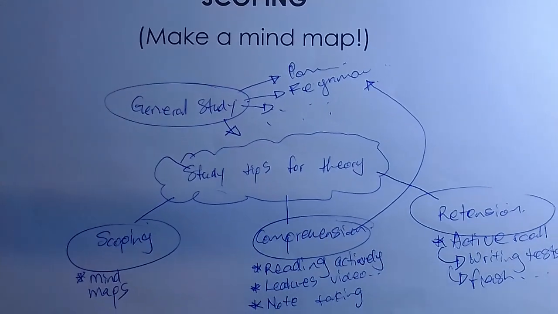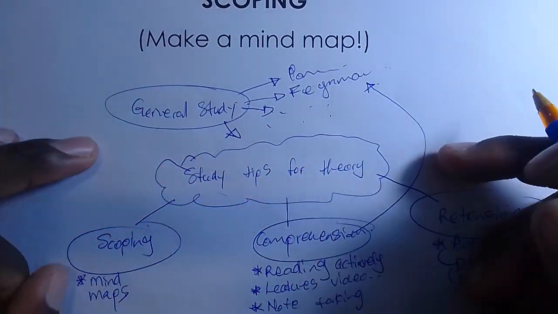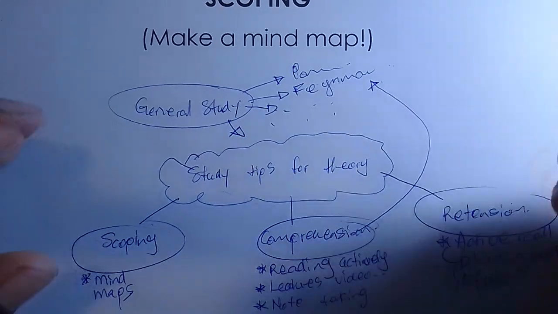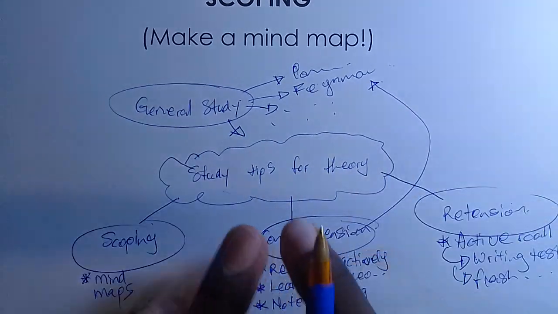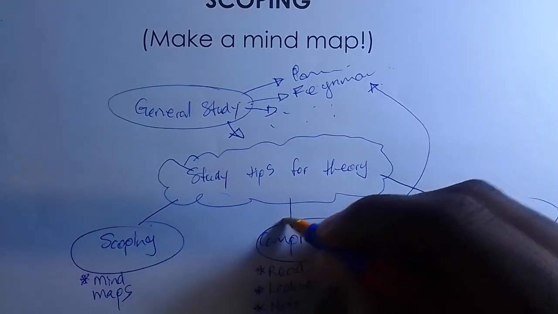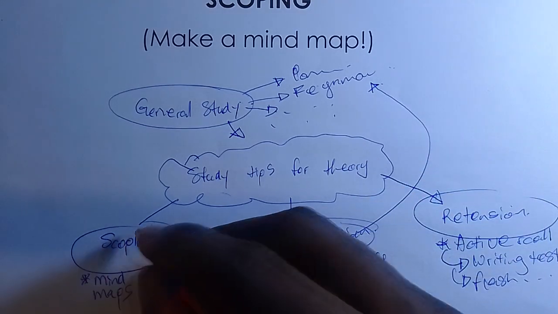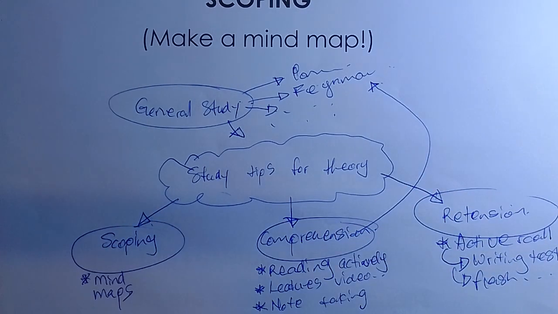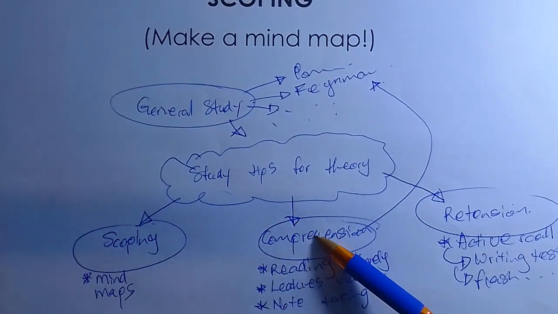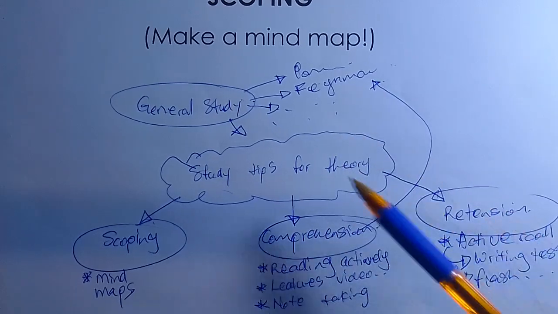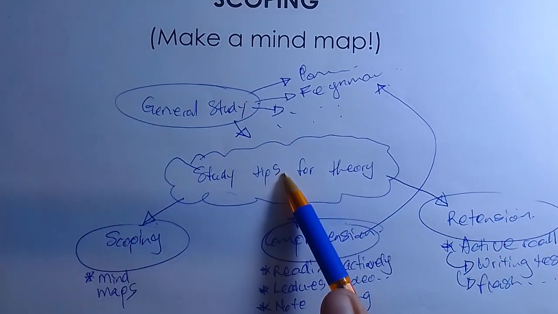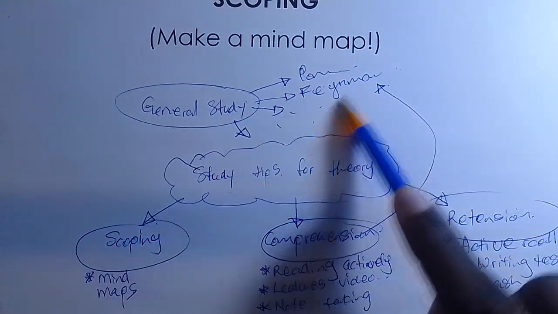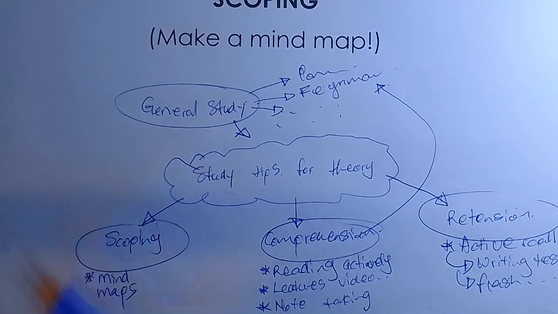So this is how you make your mind map. You put the main topic at the center. You connect all the other things in the way that they feed into each other. I like using the arrows to show that this is coming from this, is coming from this, is coming from that, and these are coming from this, right? Just to show the connections.